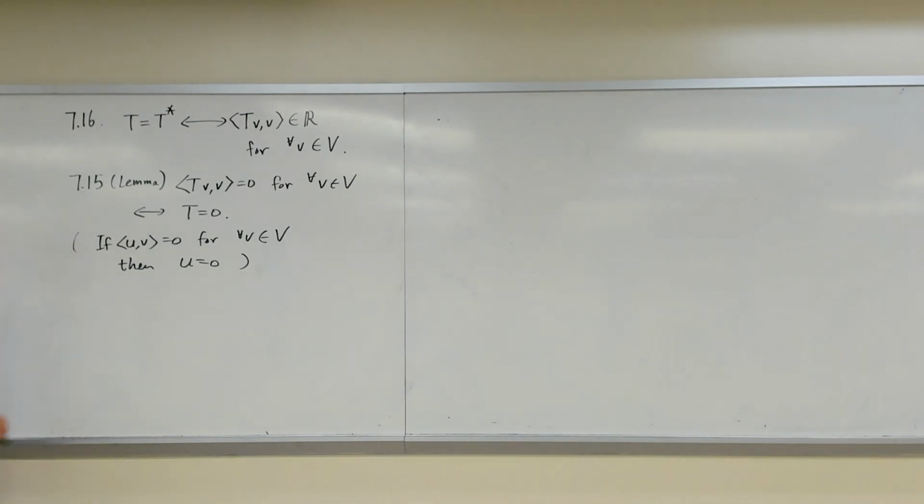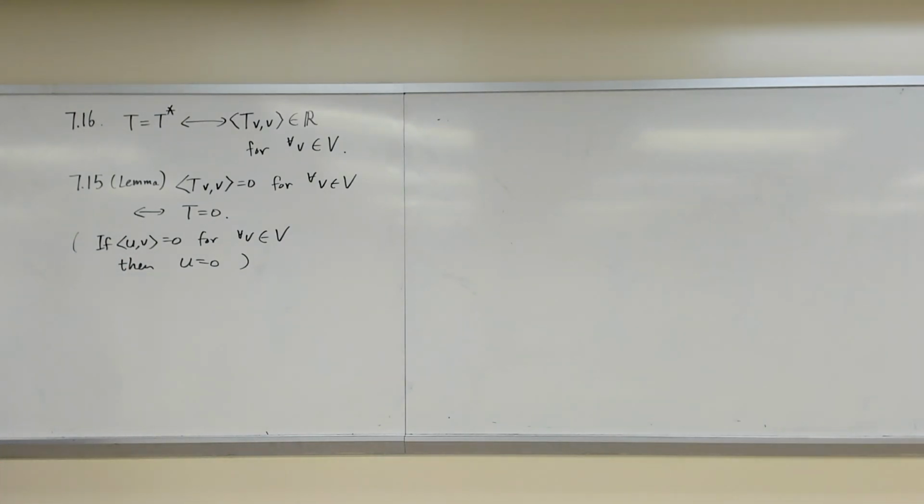Now this, maybe we didn't even prove this. This is kind of straightforward, because if this is true for all v, then you can specifically choose v as u itself, right? Then this implies that <u, u> is 0, but then by the definiteness of the inner product, that forces u to be 0. Okay, so that's what we're going to do.